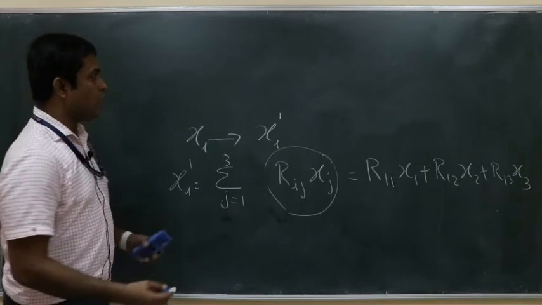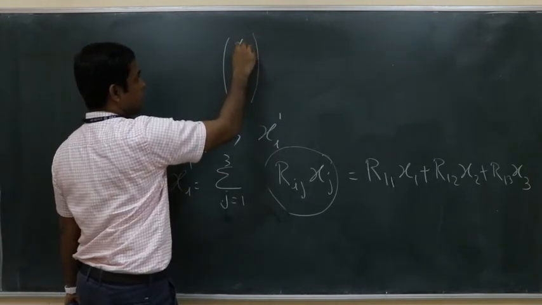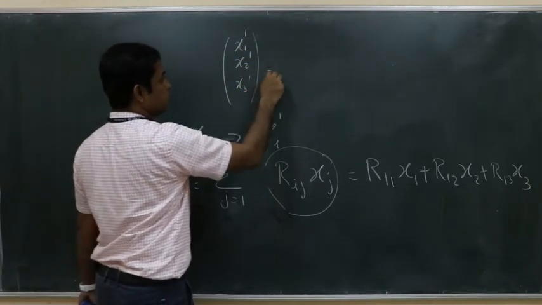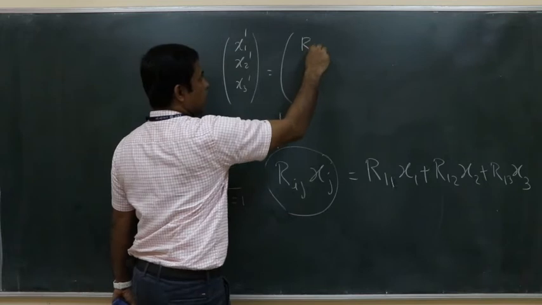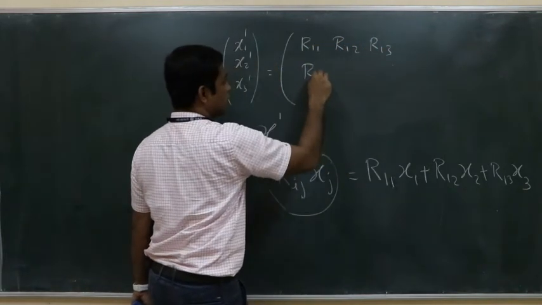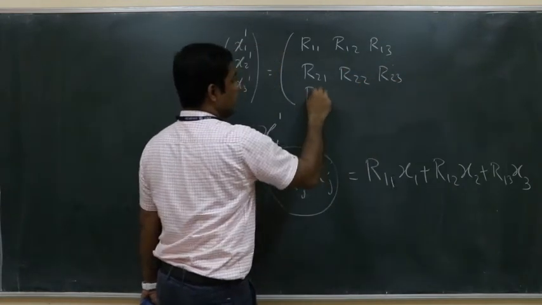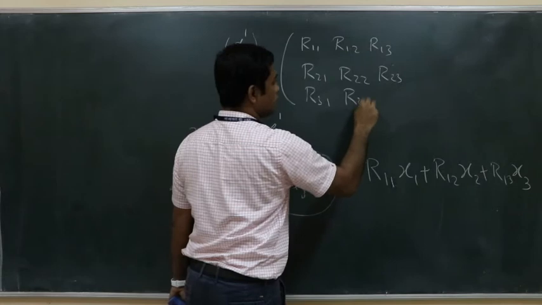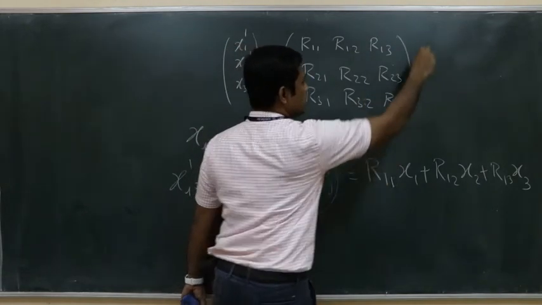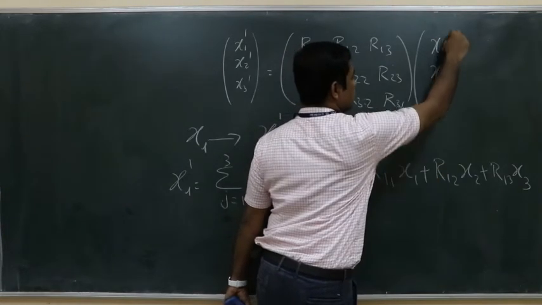So this is basically how you get, as a matrix multiplication, x1 prime, x2 prime, x3 prime, which is equal to the matrix R11, R12, R13, R21, R22, R23, R31, R32, R33, times x1, x2, x3.